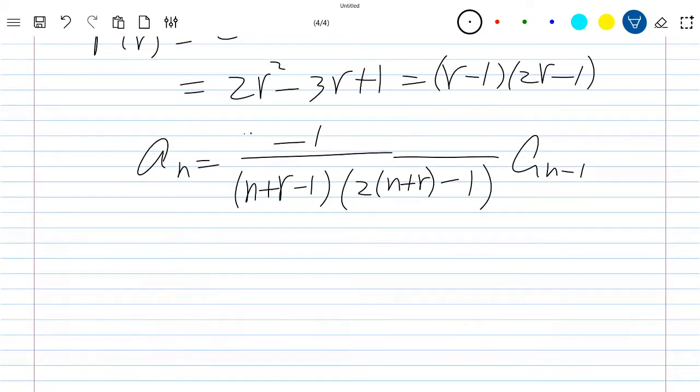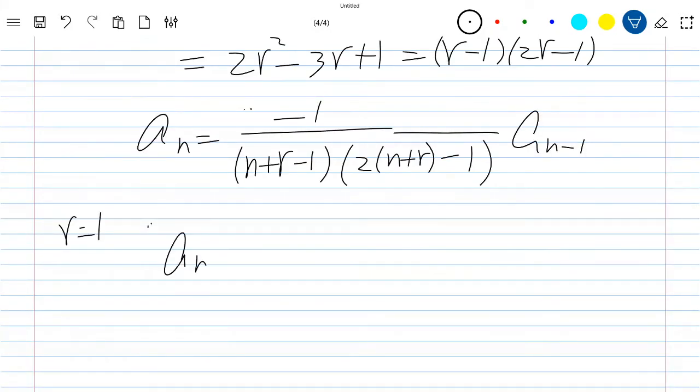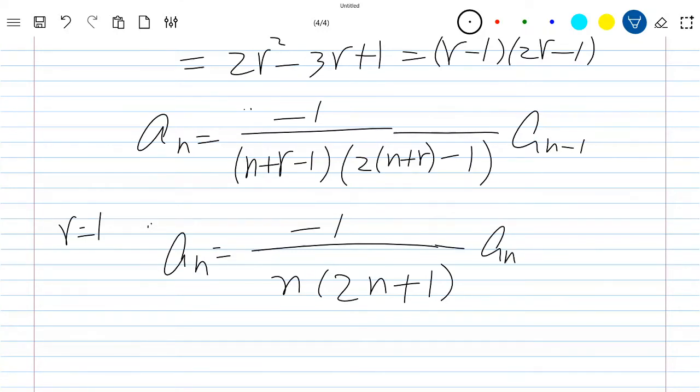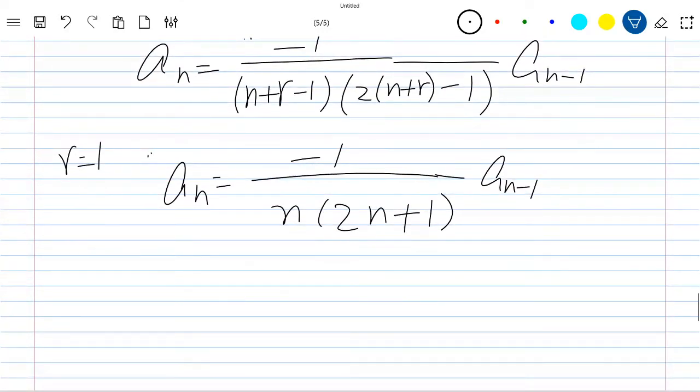Alright, then we can plug in r equals 1. Okay, then you will see an equals -1. If r equals 1, this is just n, and this is the 2n plus 2 minus 1, right? 2n plus 1, an minus 1. So you can plug in the values.